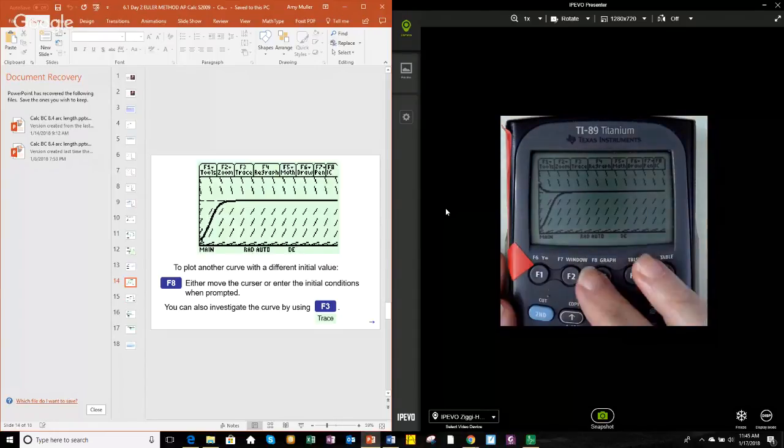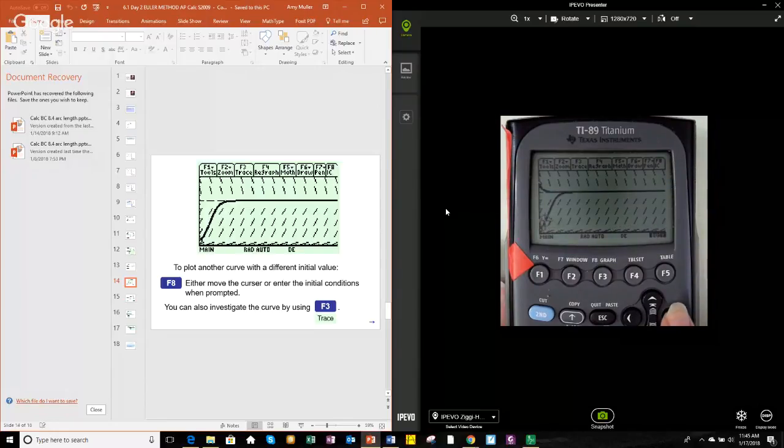So I'm going to use F3 here, and I can use the trace button, and I can find out what the values are on this function when t equals certain numbers, which is pretty cool. Let's see what happens as I get further along.